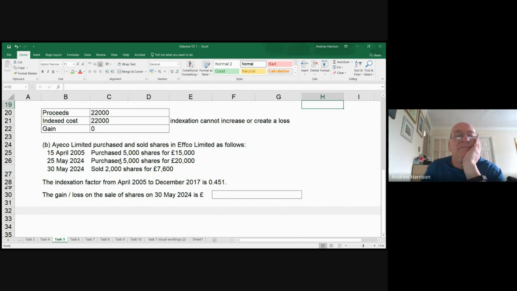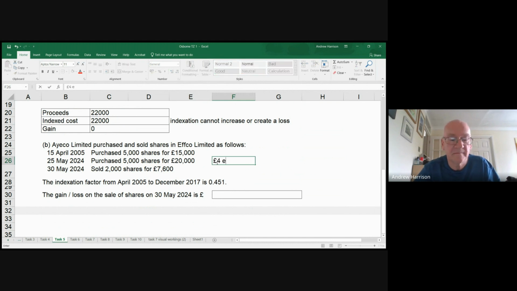However, selling 2,000 shares on the 30th of May. So without getting the calendar out, I think the 25th of May isn't as many as 9 days. So this indexation factor is irrelevant because actually we're going to match these two lots and assume that those 2,000 came out of that, which is nice sums, £4 each.